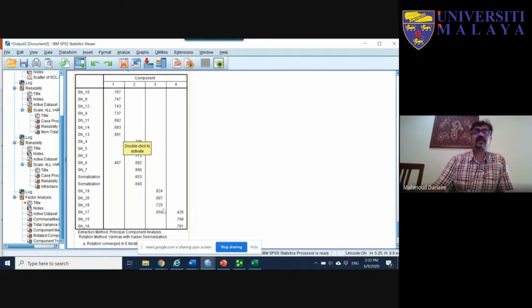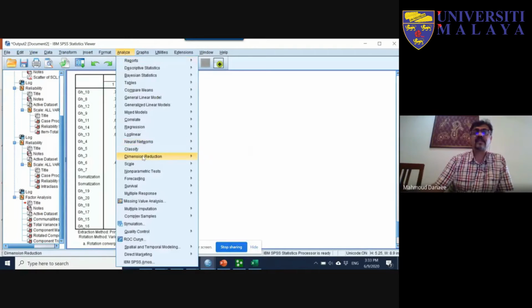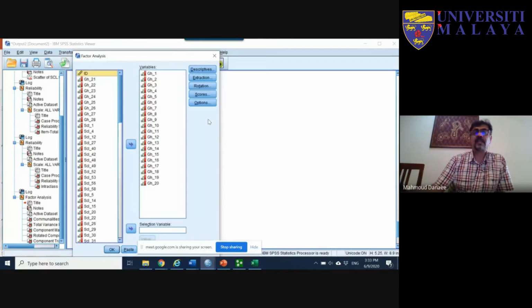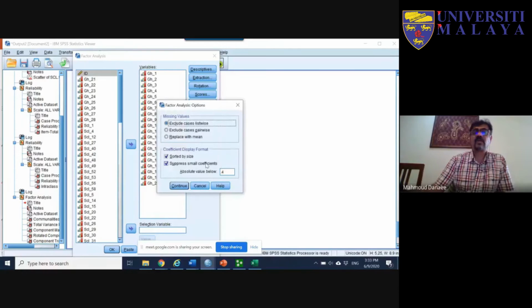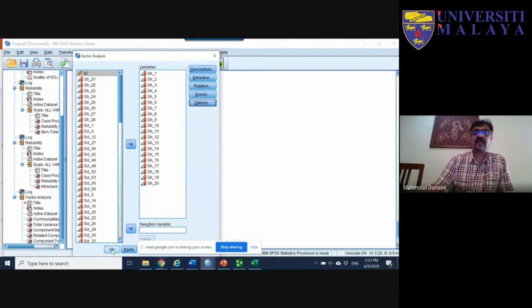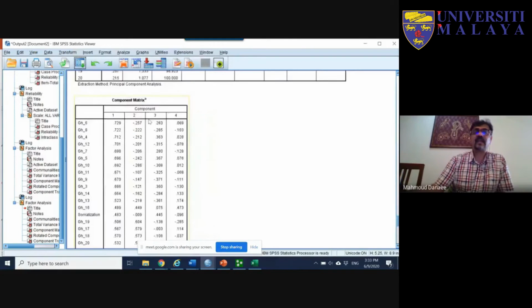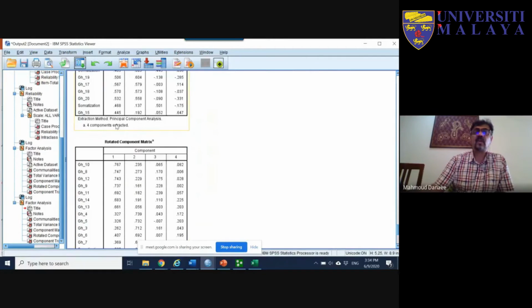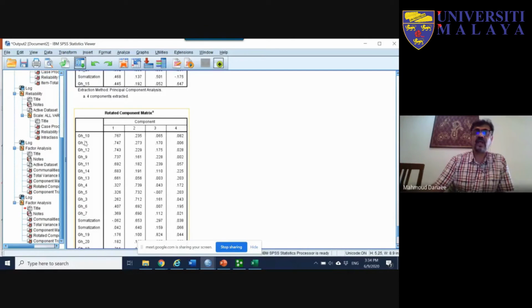If you remember, when I did the factor analysis under option, I suppressed the small coefficients. Look here, if I don't suppress the small coefficients, then you can see the results are totally different. The first item is highly and positively correlated with the first component, while it is not related to component 2 or component 3, because the relationship between this item and the next components is very poor.